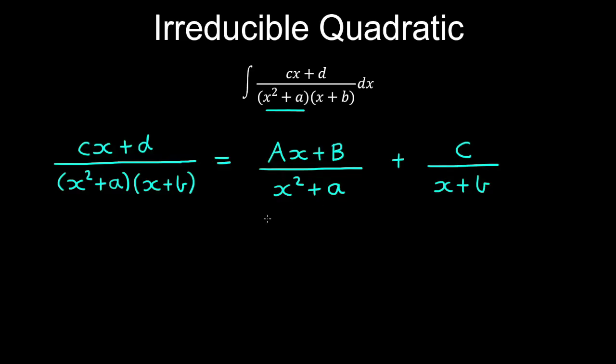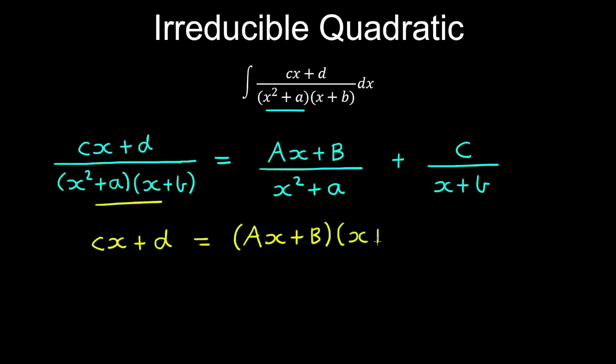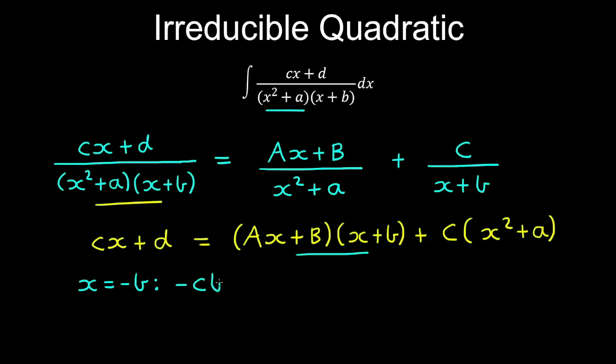And then for the distinct linear factor, we add another constant on x plus b. And now if you multiply through by the factors in the denominator, we obtain the following expression. And now if you set x equal to minus b, this term disappears, and we end up with the following expression.